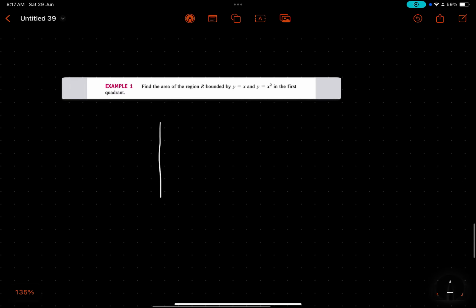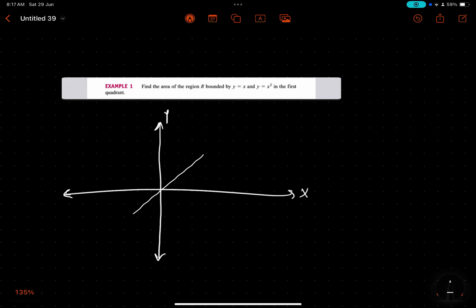Now let's draw the region. So the region is in the first quadrant, so XY. Now we're gonna draw this: y equals x, and then y equals x squared, like this.